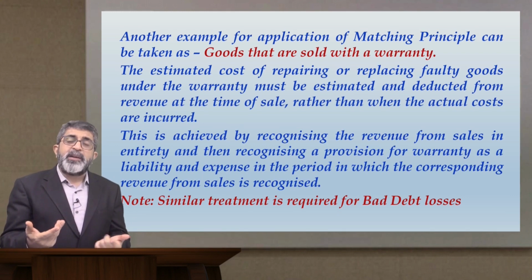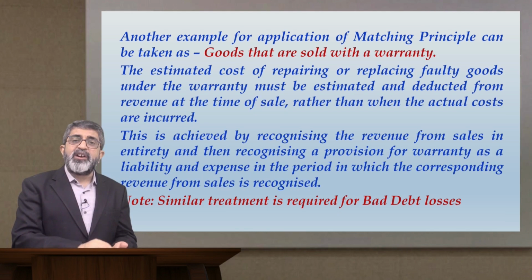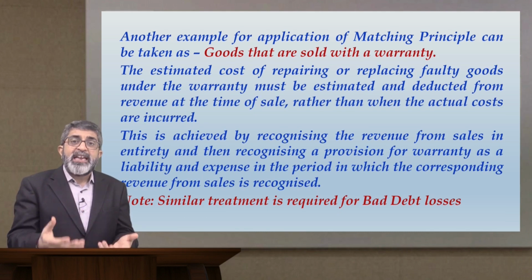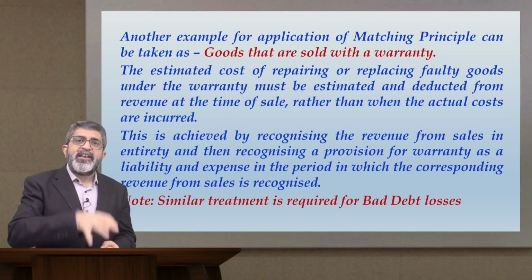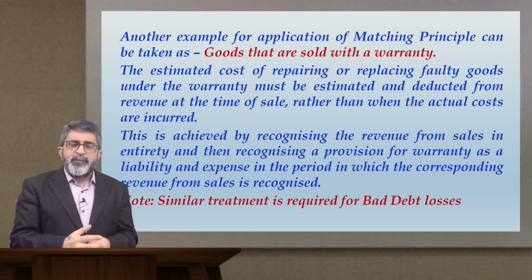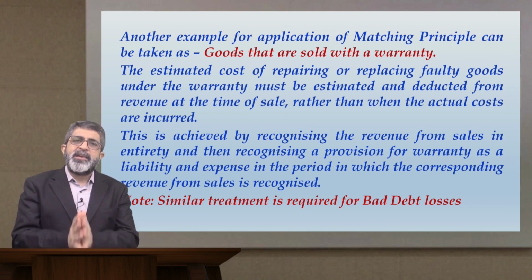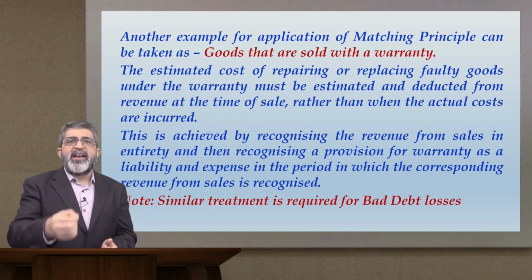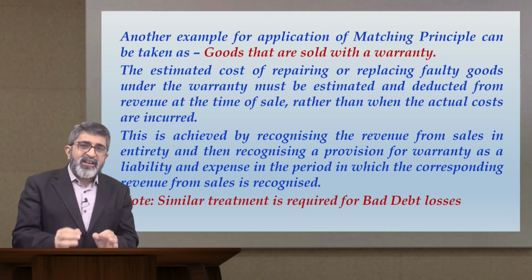Similarly, expenses like interest, expenses like administrative staff salary or any kind of fixed expense which is not related to the product directly will be considered as period cost, and the best treatment for period cost is as and when it is spent, you relate that with the period rather than the product.